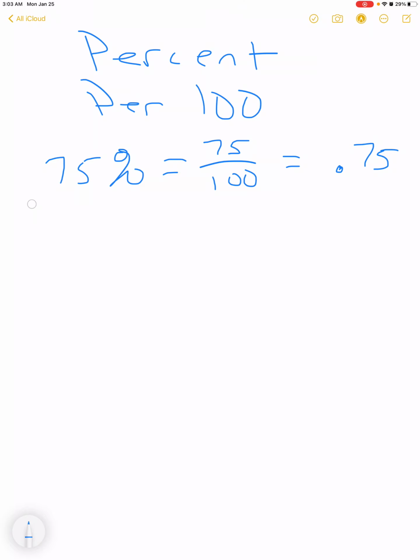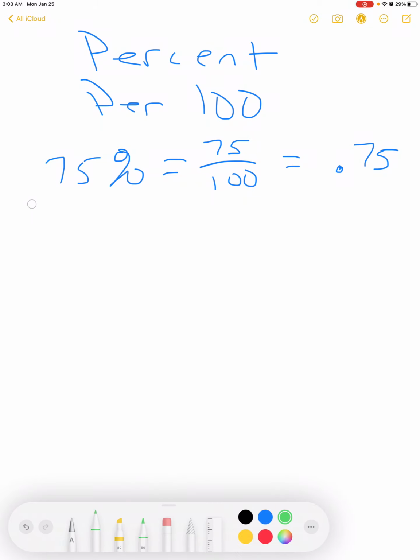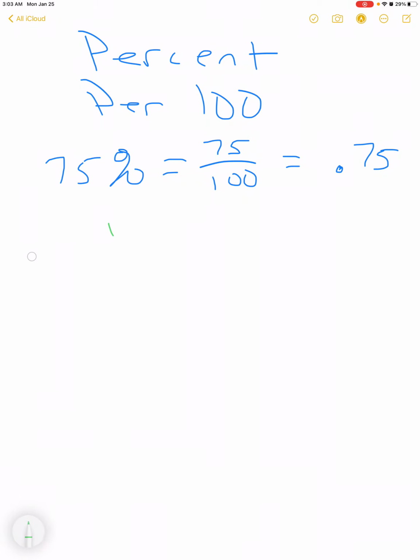So the standard algorithm for converting is to divide the numerator by the denominator, and then whatever you get for your answer, you multiply that by 100. All right, so let's get ready to practice.